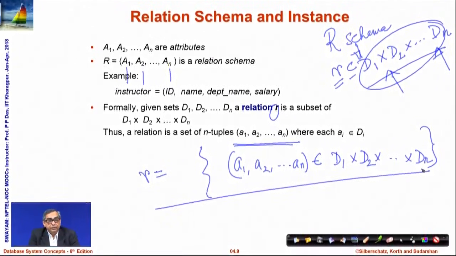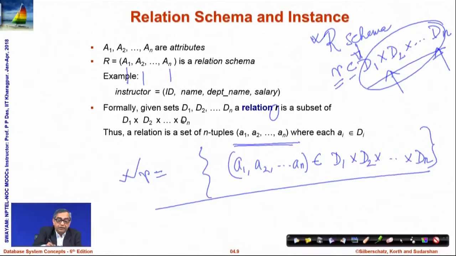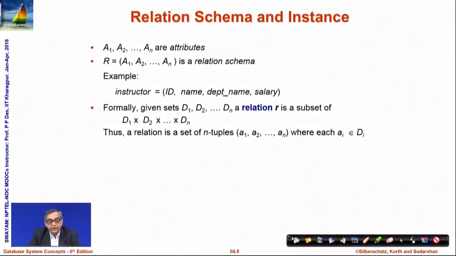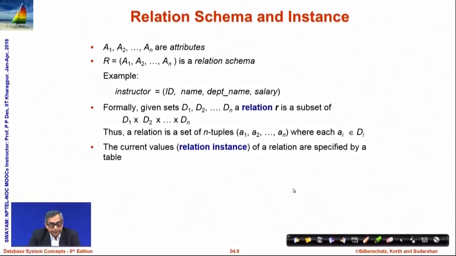That is a mathematical view of the schema and the instance. So, this is the schema and this is the instance corresponding to that schema, based on the different domains of the different attributes. And this is the notion that we will continue using. So, please try to follow this carefully.